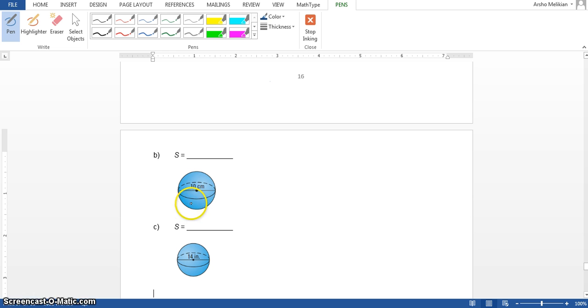So the radius is going to be 5 centimeters. So surface area is 2 pi r squared. 2 pi times 5 squared. This is 2 pi times 25. This is 50 pi.